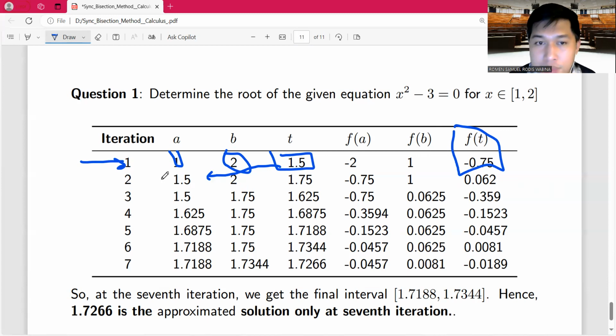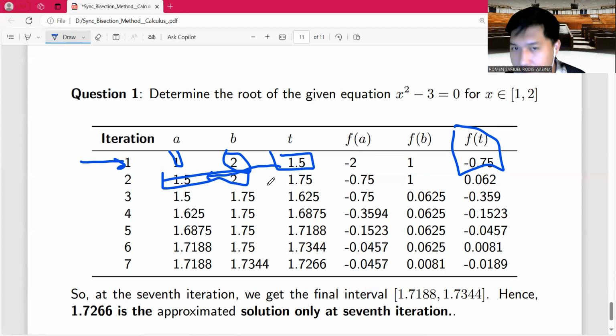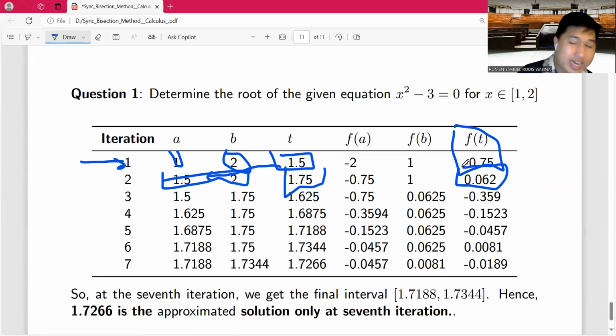It is equal to 2, but the value of a is 1.5, similar to the value of t from the previous iteration. Once we get the new interval, we calculate again the midpoint, which is 1.5 plus 2 divided by 2, that is 1.75. Then we calculate again the value of f of t, which is 0.062. That is positive. Since f of t is positive, we change the value of b for the third iteration, but the value of a stays the same.